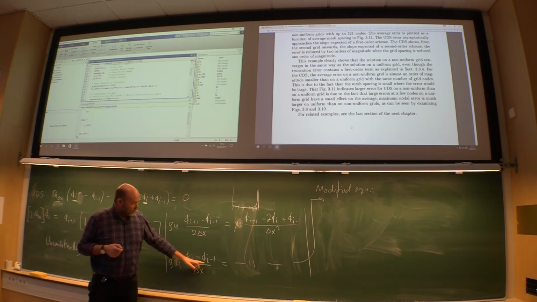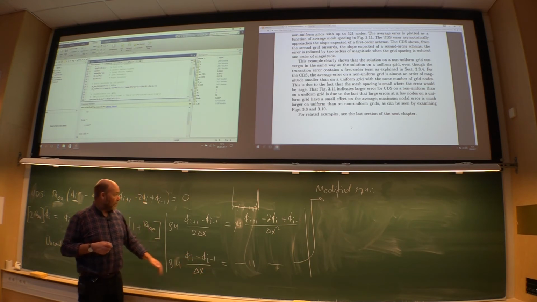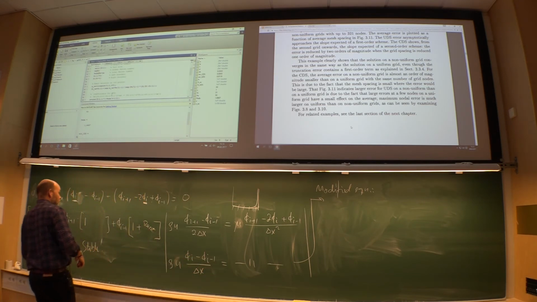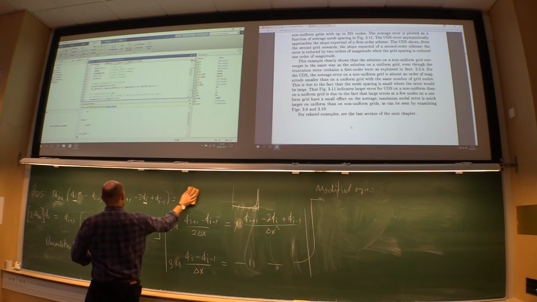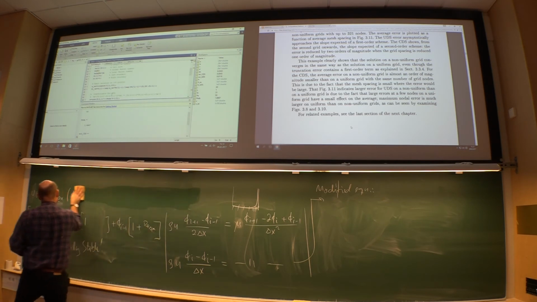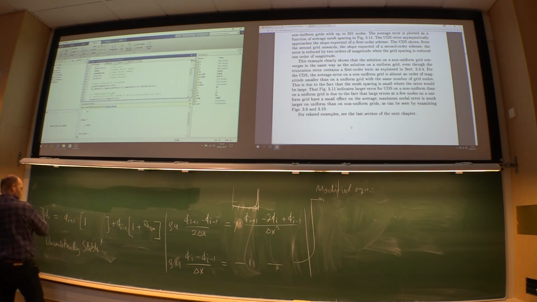But we need the Taylor series here, inserting for i minus 1. What was the Taylor series? Let's rewrite this one. And we don't need this one either.